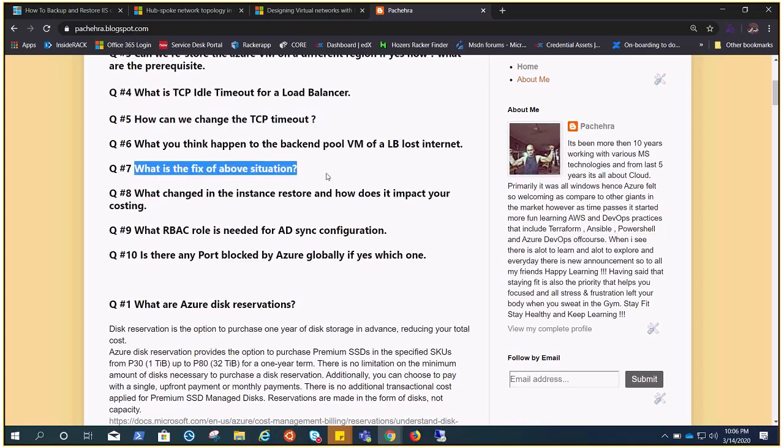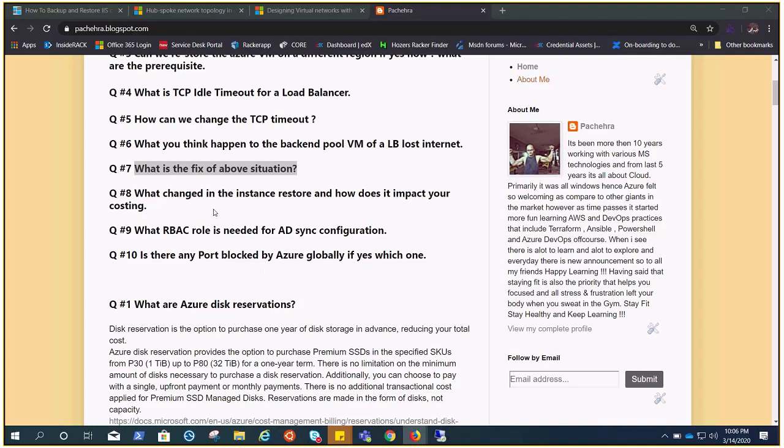Well, there's a very simple fix. There is no way you can create the outbound connectivity, outbound NAT with the help of internal LB, but you can do that with the help of public LB. So you got to create the public standard load balancer, make the same VM as the backend pool, but no need to create the load balancing rule, but you got to create the outbound rule. That would help you to fix your internet problem.